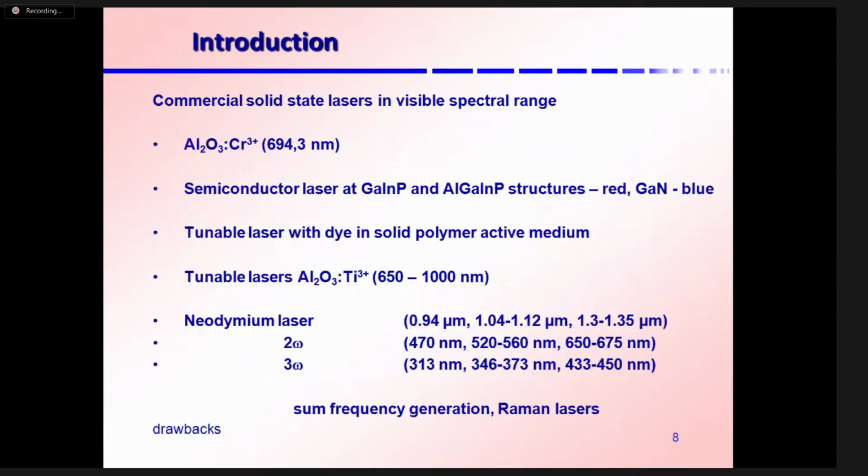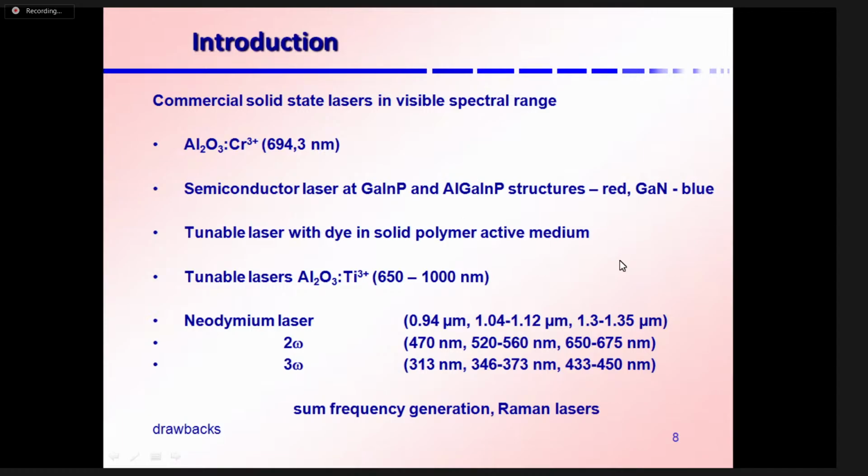Of course, if we talk about commercial solid-state lasers in the visible, right now there is a huge amount of different lasers available. We need to start from a ruby laser that gives red radiation. Then there are a great number of semiconductor lasers.